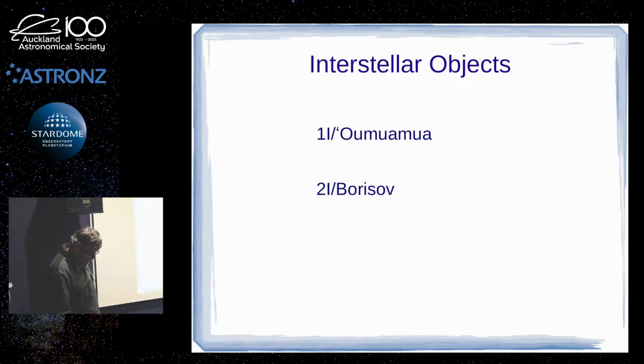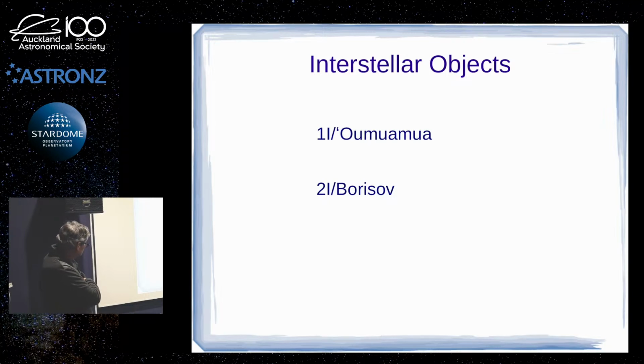Grant already mentioned this, that we now have a category of interstellar objects. These two weren't actually comets, but they were basically in hyperbolic orbits, and they were travelling so fast they can't possibly have been bound to the solar system in any way.